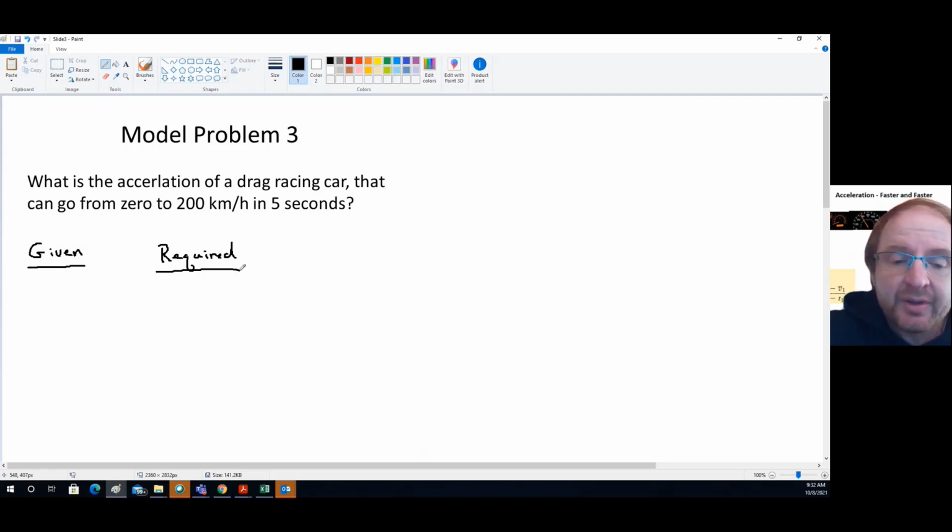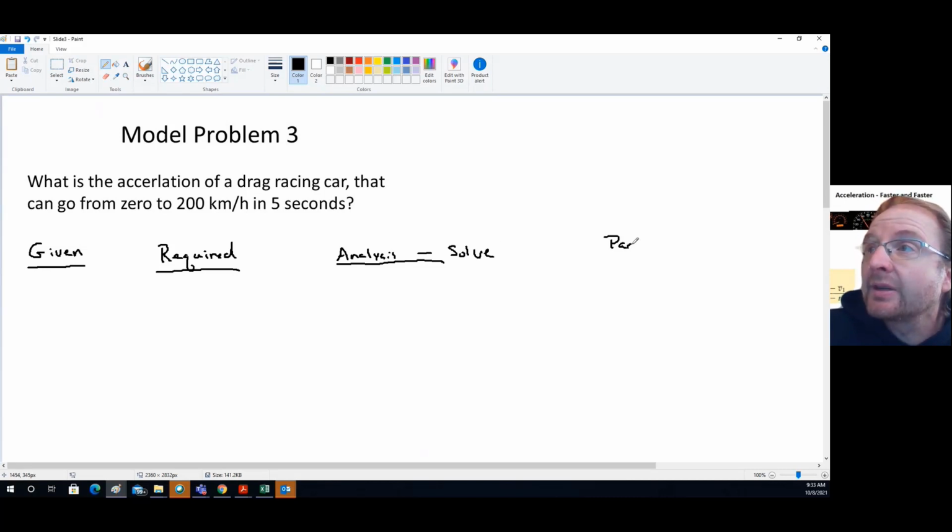Get those going right off the bat. Analysis is where we're figuring out what formula, but often we can figure that out right here at required. And analysis leads right us to solve, and then of course we'll do the paraphrase, so a sentence. You have to set your questions up like this, and it's good to have a habit in any of your math and science courses.